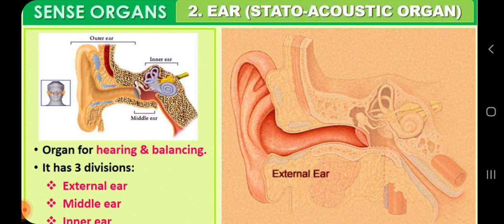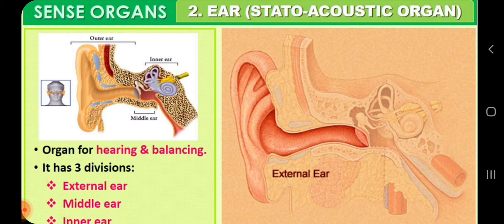Here the ear is divided into three major parts. What are those three major parts? One is the outer ear, the middle ear, and the inner ear. The outer ear can even be called the external ear.